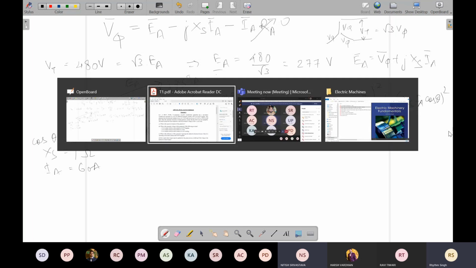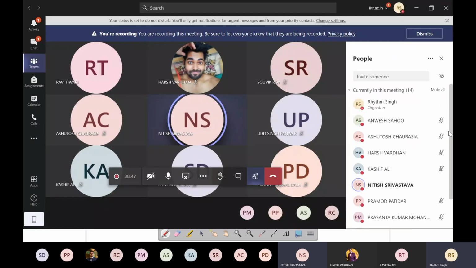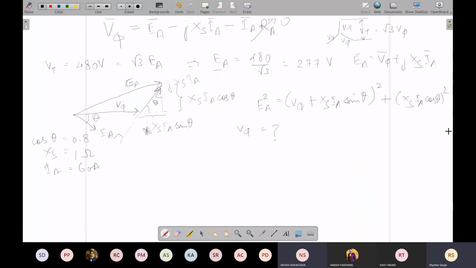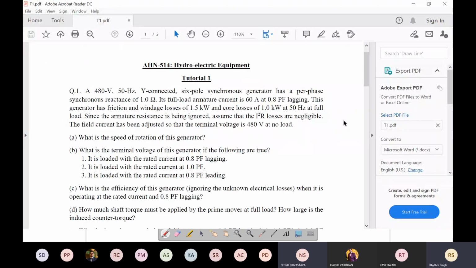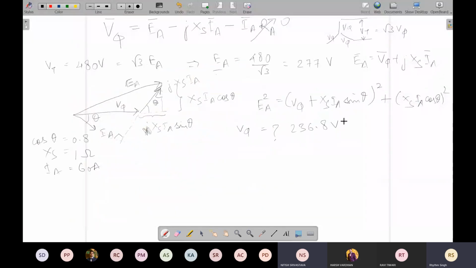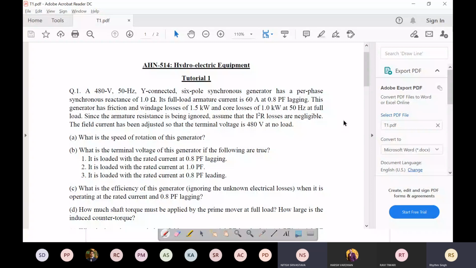Sir, is it 236.8 volt? Right. Others, are you able to get this answer? You will get Vφ equal to 236.8 volts. But this is still not the final answer.